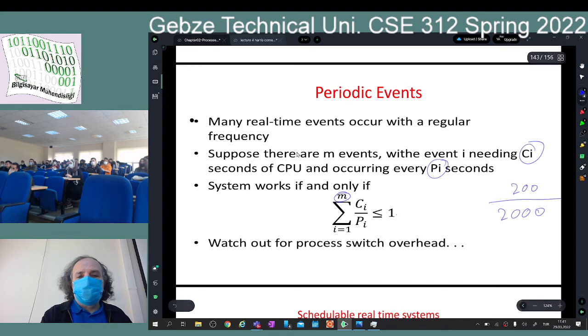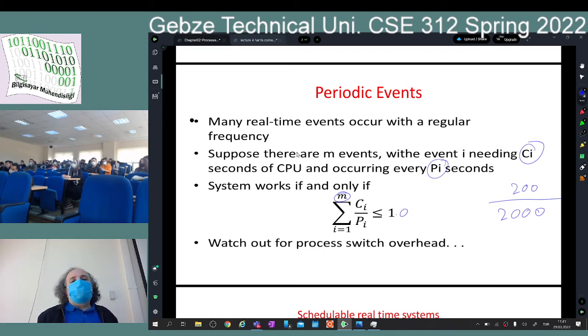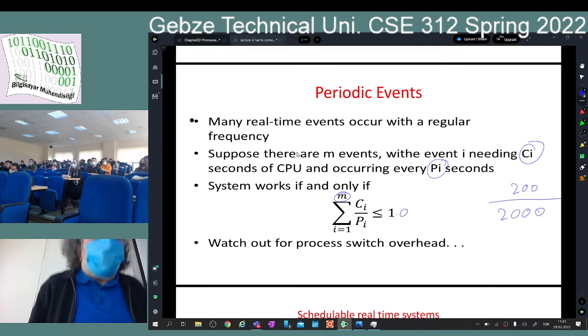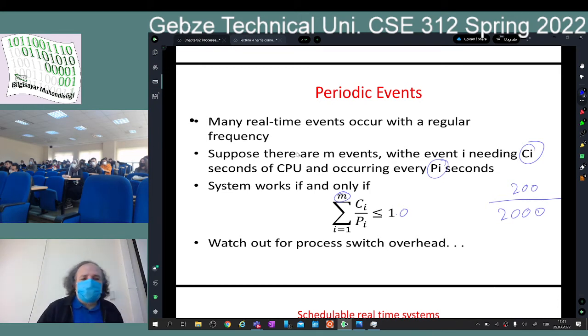If this number is greater than 1.0, then I cannot handle this many processes with these kinds of needs on my real-time system. It means this real-time system is not realistic. It is not schedulable.